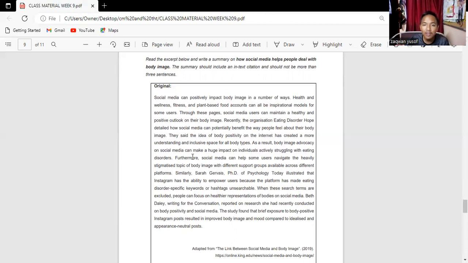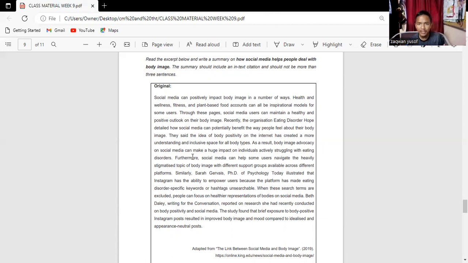Recently, the organization Eating Disorder Hope detailed that social media can contribute beneficially to the way people feel about their body image. They said the idea of body positivity on the internet has created a more understanding and inclusive space for every body type.